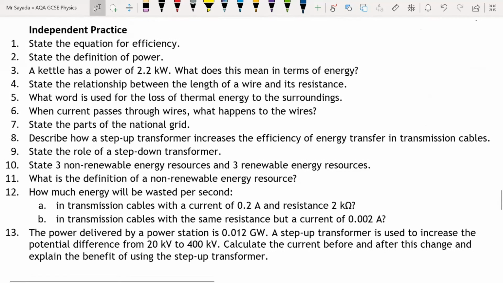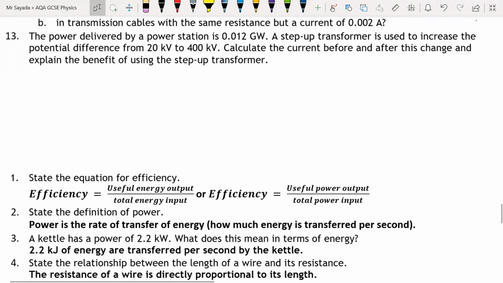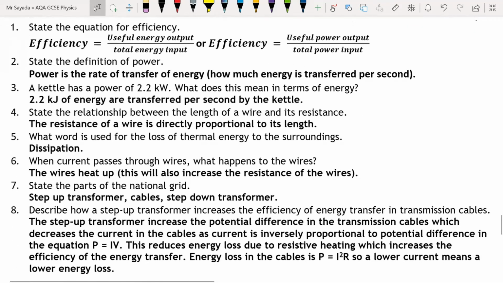Please pause the video to do these questions. Press play once you've done them all. You should have now done all of these questions. If you've not done all of them, if you've not had a go at every single one, pause the video and do them. Press play once you're ready. So now you should have absolutely done all 13 of these questions. Please mark questions 1 to 8 using these solutions. Pause the video while you do that.